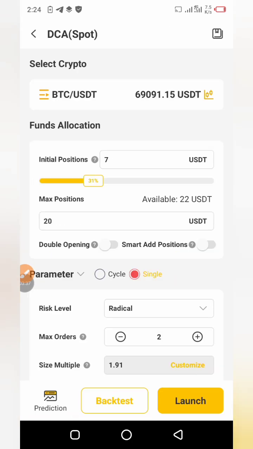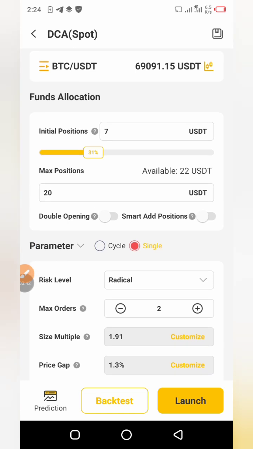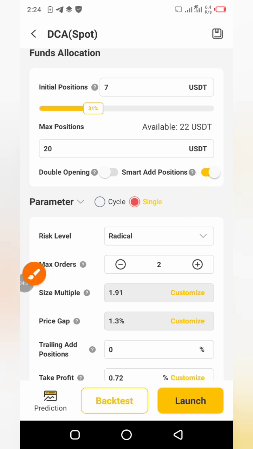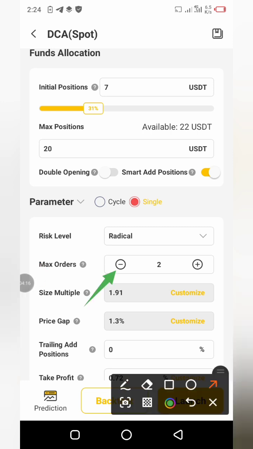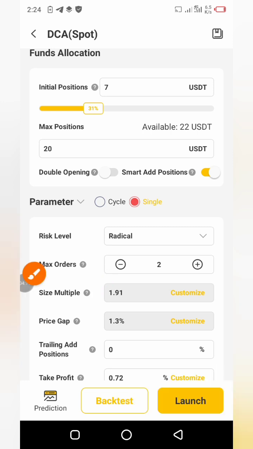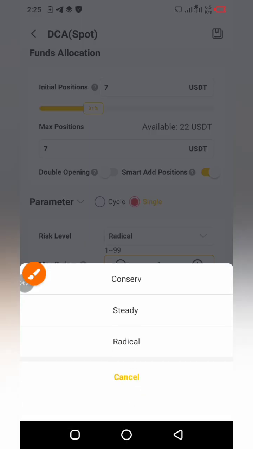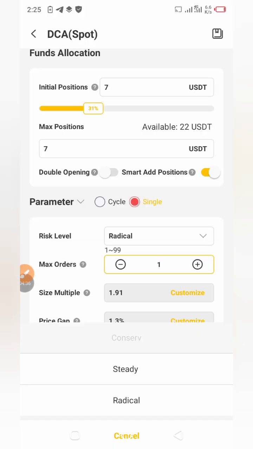Okay, so here initial position is on 7, max position is on 20. On smart position, you turn it on. Max order, you leave max order at 1. Then the risk level, you can leave it at radical or conservative.